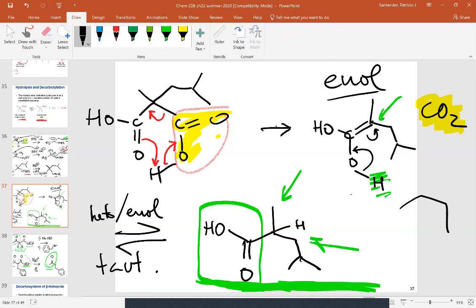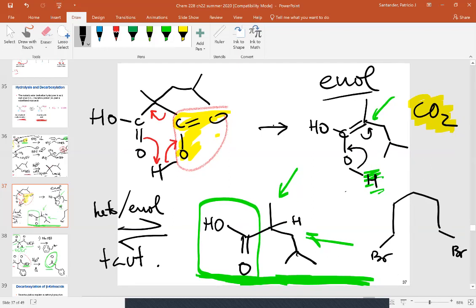So if I use a dibromide like this, well, that means that my initial diester will get attached to this carbon atom and it will get attached to that carbon atom. And it's in that way that you are making a ring, right? So there you go. We stop here.